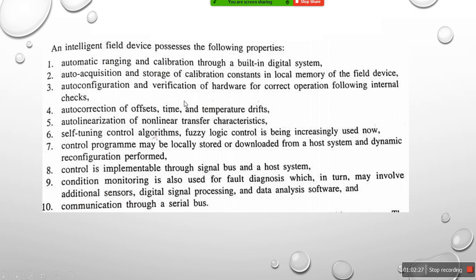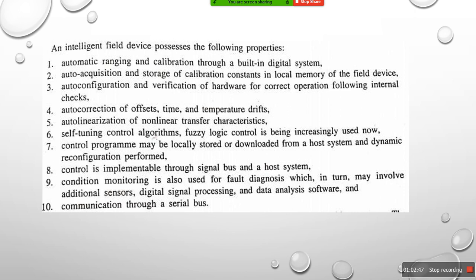See, what happens in these automatic facilities, whenever you are using smart sensors, is that suddenly there will be an offset. So what is an offset? When power is suddenly switched off and on, there will be some small voltage already present. If that voltage is also taken into consideration, then that is called an offset.